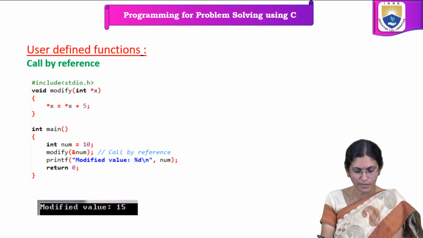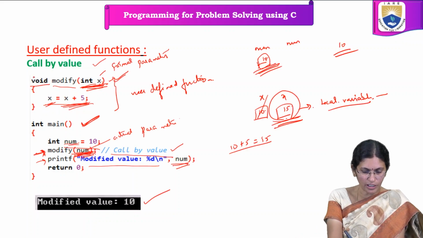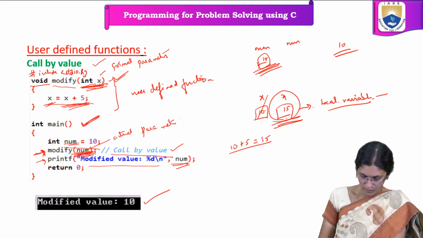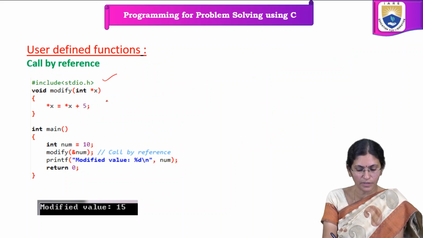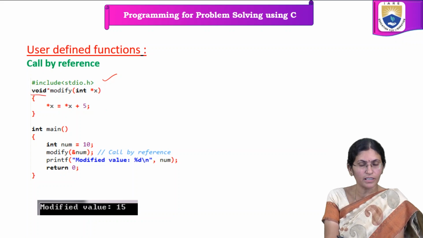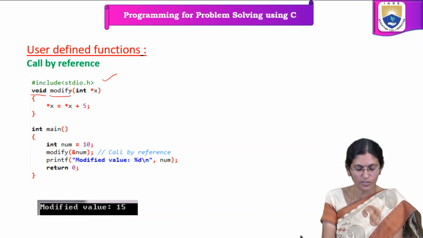So let us understand it with the help of this program. Here also, we need to include the header file #include stdio.h. So this is the header file which is included. After that, we have defined the function. The return type is void. The name of the function is modify.